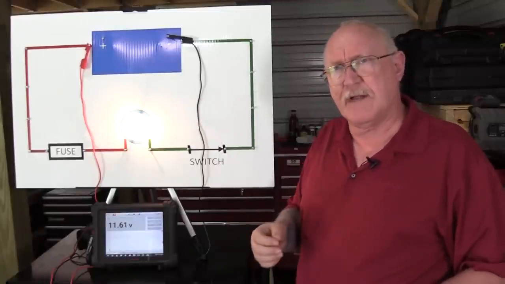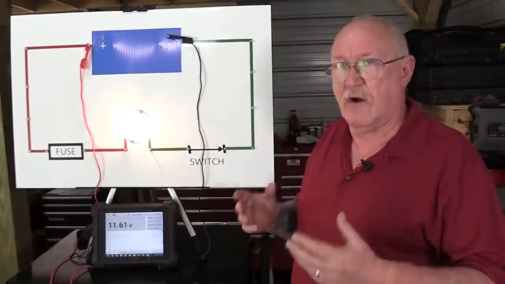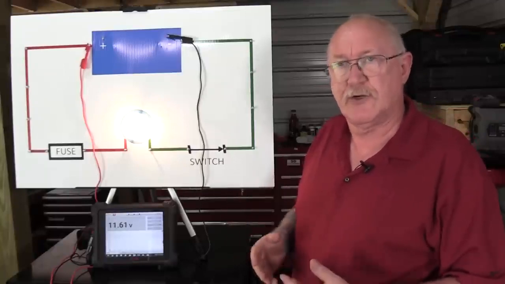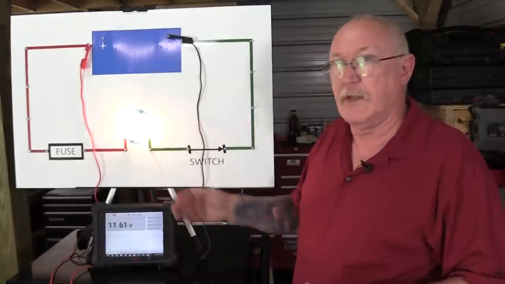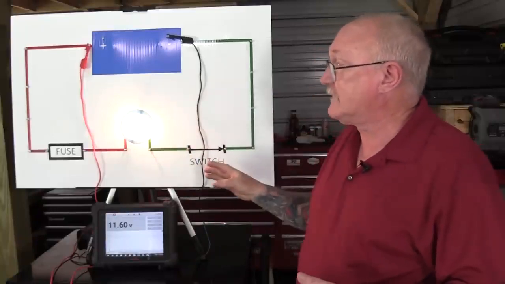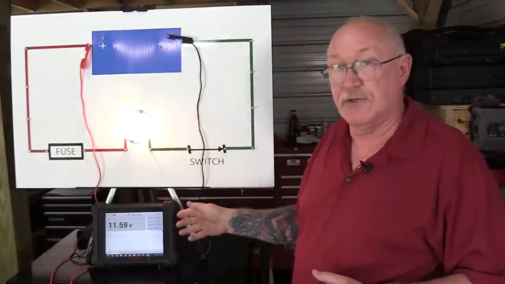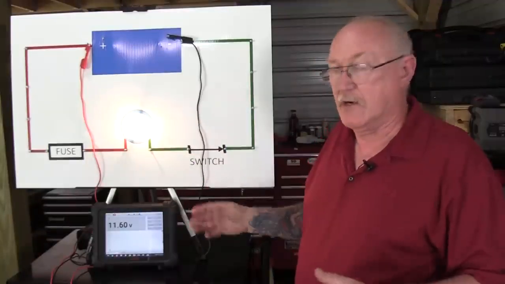Because remember what we talked about before? The single largest source of resistance should be what? The load, the component that's doing the work. Yes, everything has some resistance, but it's minimal when compared to the load, and that's a good example of that, just 100 millivolts.